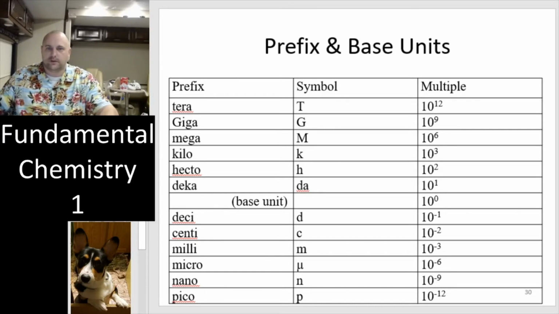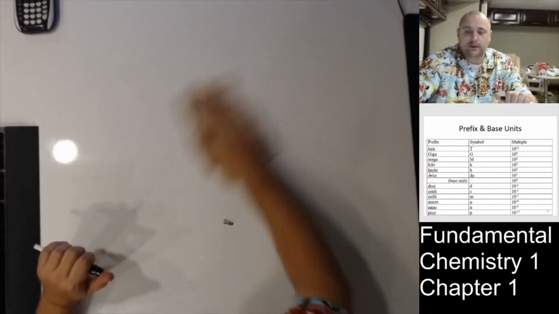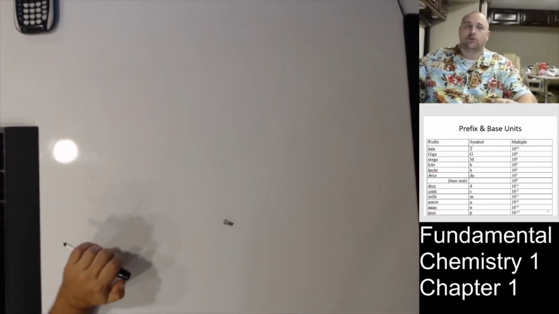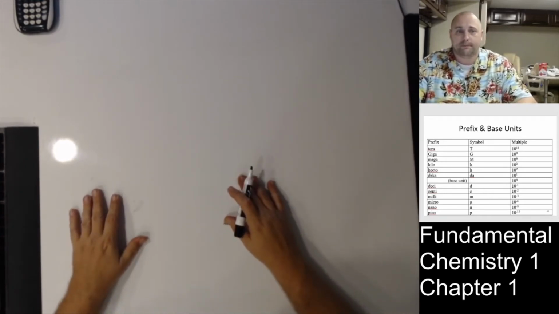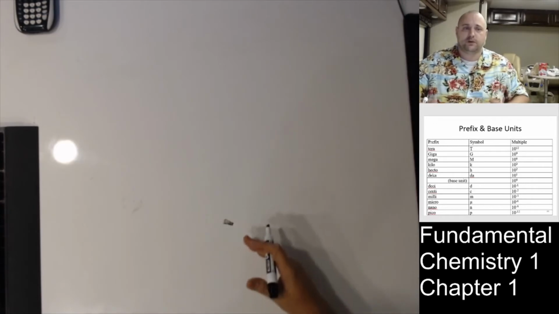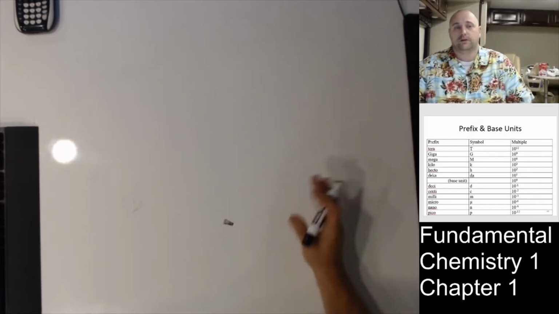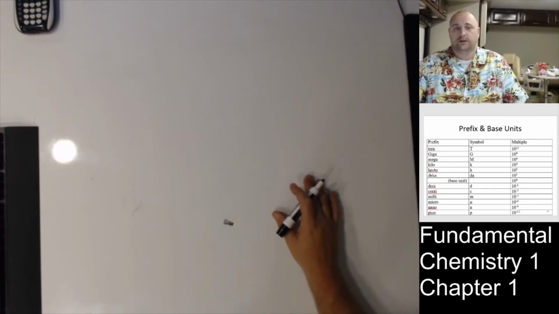It's that simple. So this direct substitution really helps. And that's kind of the key to the metric system: once you get a feel for the base system, then this direct substitution makes these really pretty easy.